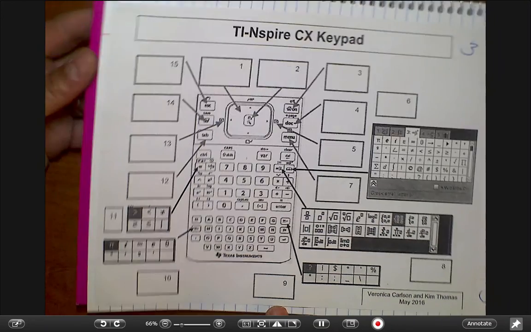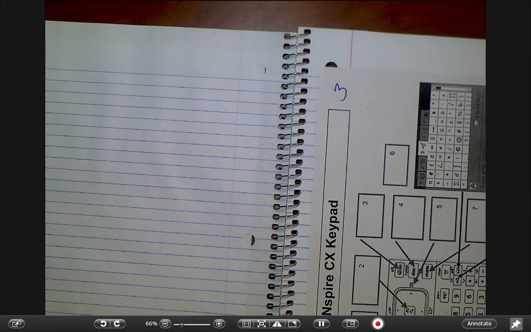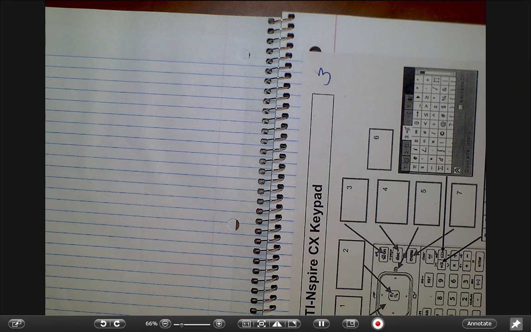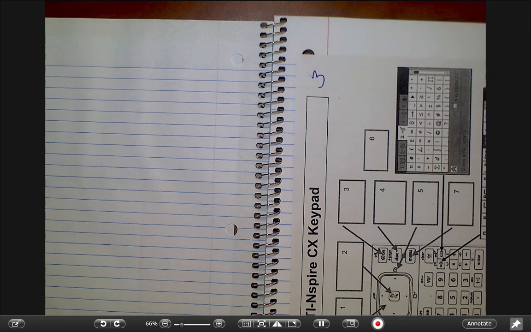All right. Are we there yet? Okay. So this is what you people are going to do. In your own words, you're going to take notes on the calculator stuff on page 2.